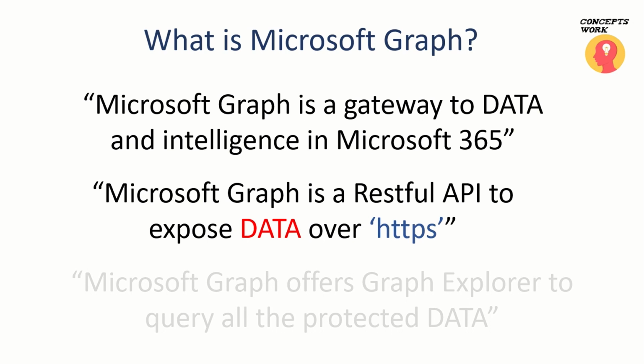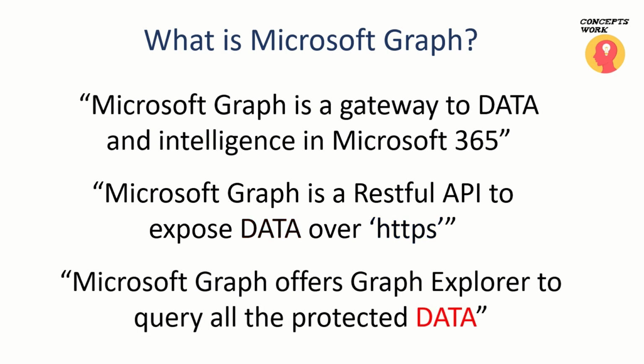And the third common statement that you might have heard is Microsoft Graph offers a Graph Explorer to query all the protected data. The reason behind mentioning all the protected data is that Microsoft Graph is specifically protected by Azure AD. I'm going to create a lot more videos for this, but since this is the first one, please try and understand the exact concept behind Microsoft Graph API and Graph Explorer.